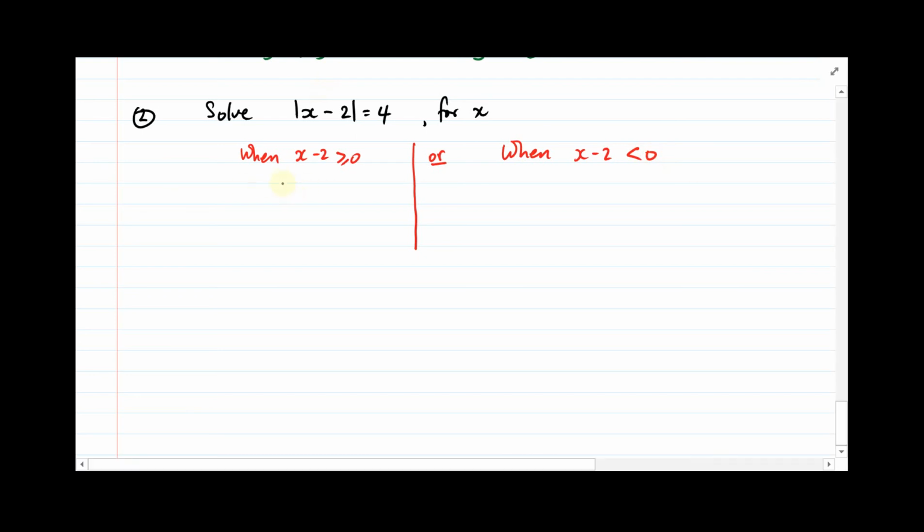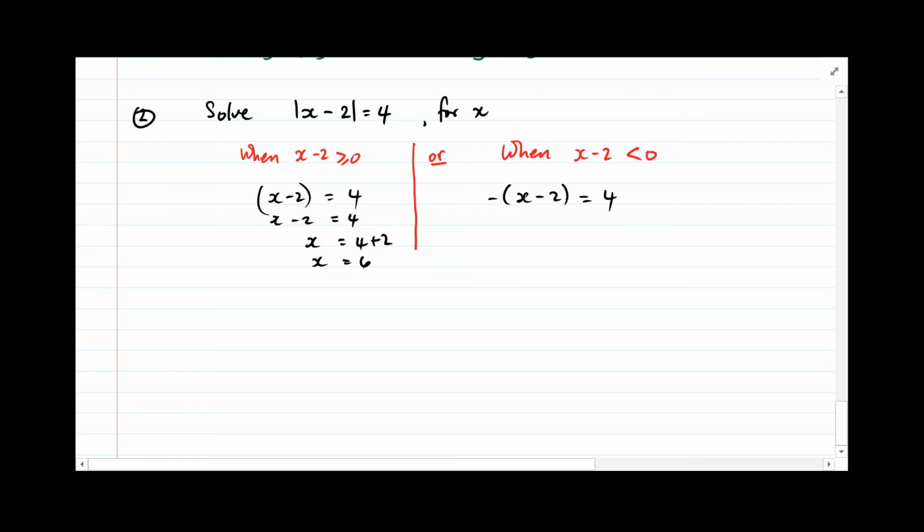In the first case, I would just have the positive, just that expression alone is equal to 4, or I have the negative of it, just writing this, and then we'll look at them and solve the individual equations. All right, removing the brackets, x minus 2 equals 4. So x equal to 4 plus 2, x equals 6. It's up to you how you want to solve the second one.